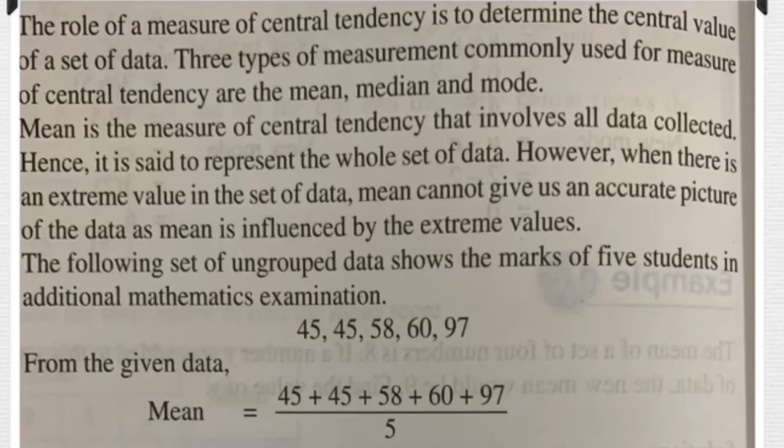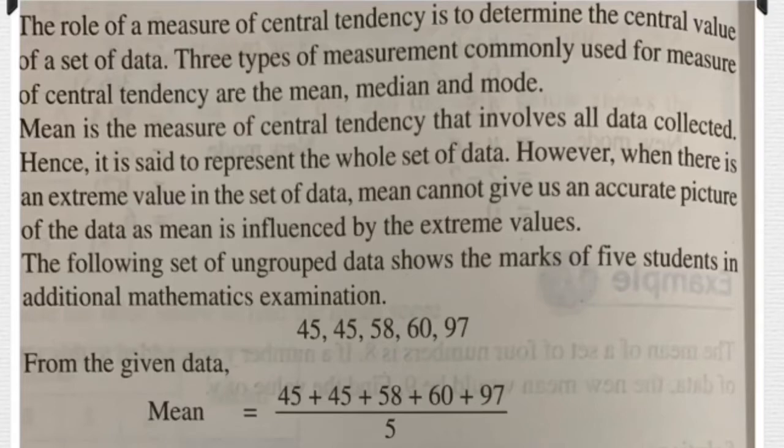However, when there is an extreme value in the set of data, mean cannot give us an accurate picture of the data, as mean is influenced by extreme values. For example, this is ungrouped data: 45, 58, 60, and 97.